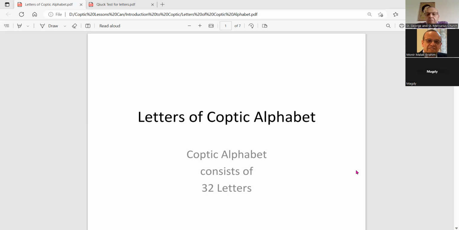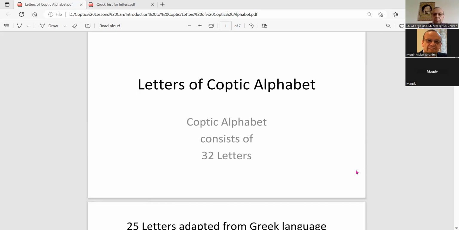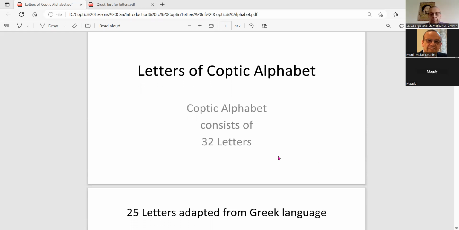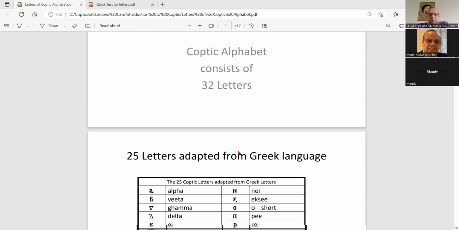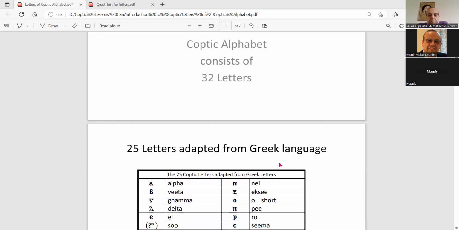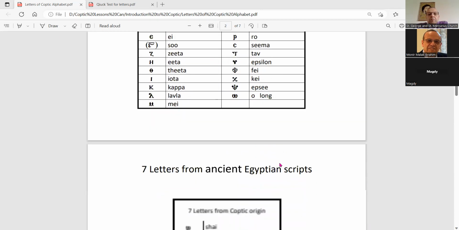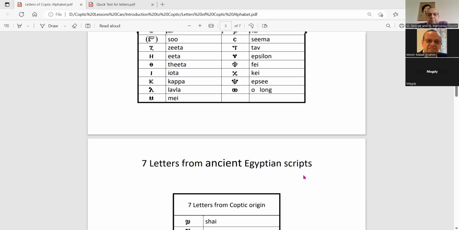thing, that is the letters of the Coptic alphabet as shown on the screen. The alphabet consists of 32 letters. The Coptic language has adapted 25 letters from the Greek language and 7 letters from the ancient Egyptian scripts. Okay.